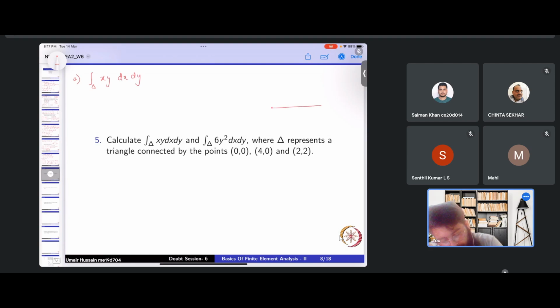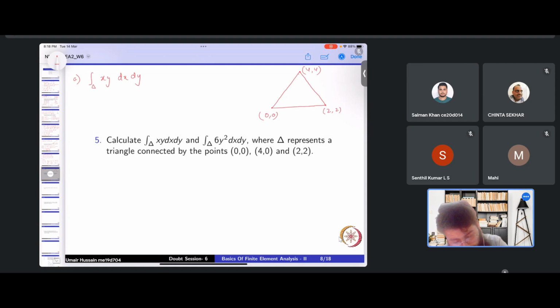The triangle has 3 nodes at 0 0, 2 2, and 4 0.